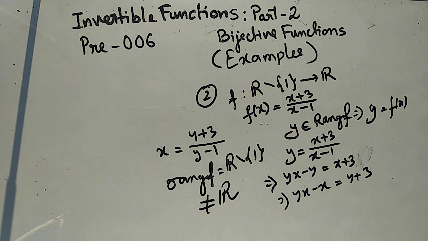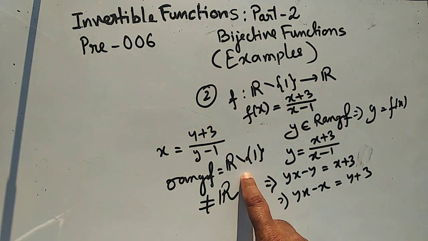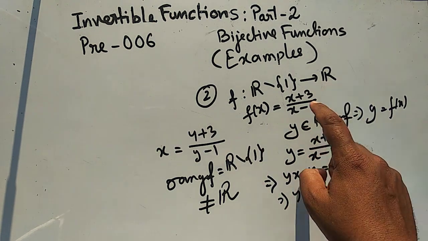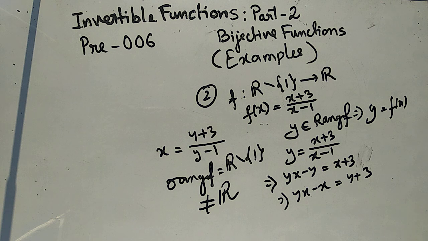So, this function is not bijective. So, to make the function bijective, we just replace this R by this set. If we replace this R by this set, then function mapped to its range is always onto, as discussed in part 1, and in that case the function is onto.